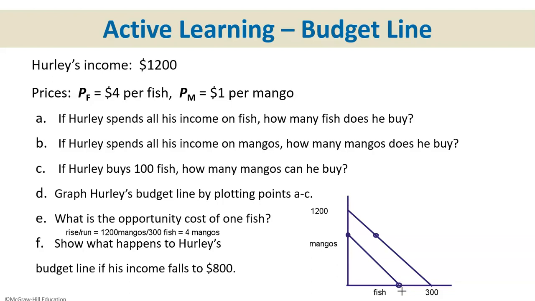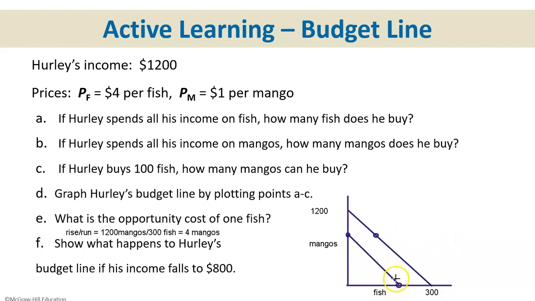So that's what our new budget line looks like if his income falls. So if an individual has a decrease in their income, the entire budget line would shift inward. If they have an increase in income, then the whole budget line would shift outward.